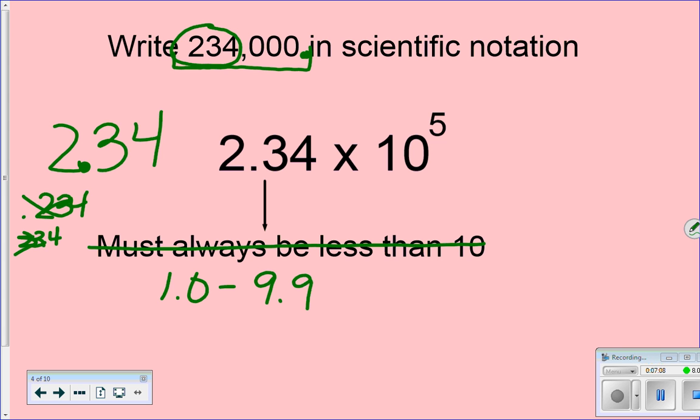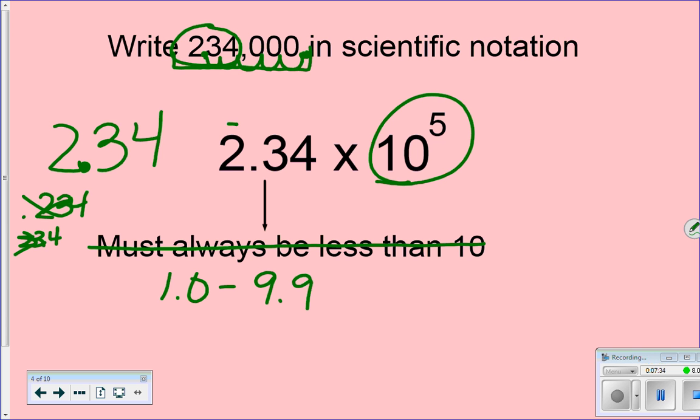Okay, now let's go back to our big number. Let's say you put that decimal right here. My job now is to count from where I put that decimal to where the decimal should be in that big number. So I'm going to start here, and how many spaces is it? 1, 2, 3, 4, 5. Look at that: 10 to the 5th.